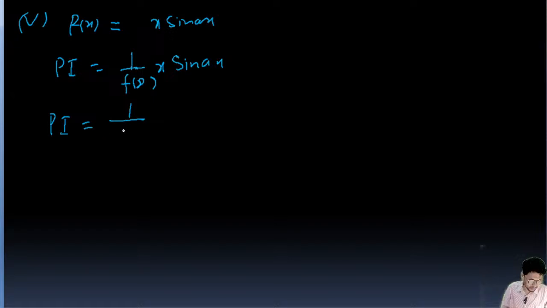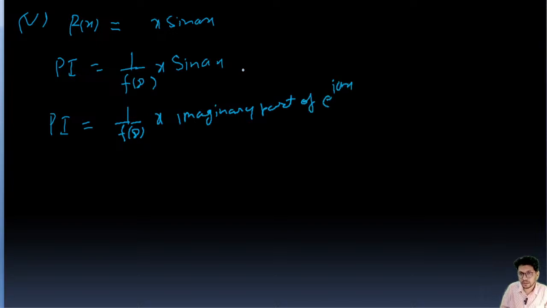So PI is going to be 1 upon f(D) x sin ax. Sin ax is the imaginary part of e^(iax), so we can write PI equal to the imaginary part of 1 upon f(D) x e^(iax).